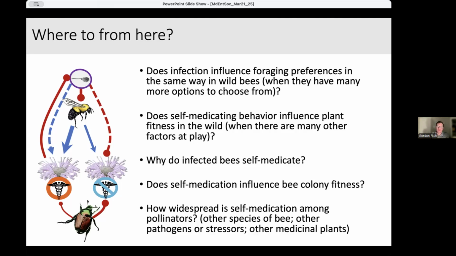Yeah, and then of course there's this question of beyond Bombus impatiens, beyond Monarda, are there other diseases afflicting bees that they're combating with self-medication? There's a whole host of questions there that we're looking forward to answering, or at least puzzling over, in the coming years.